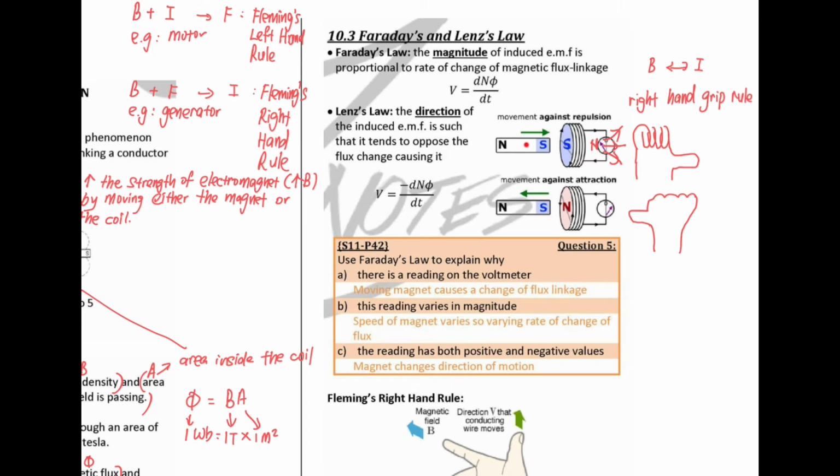Because you move your magnet in and out, the magnet changes direction of motion. Then based on Lenz's law, the coil is trying to oppose you, so it changes the pole of the coil. Then it makes the current flow in opposite directions. So that is Lenz's law. Okay, now let's move on.